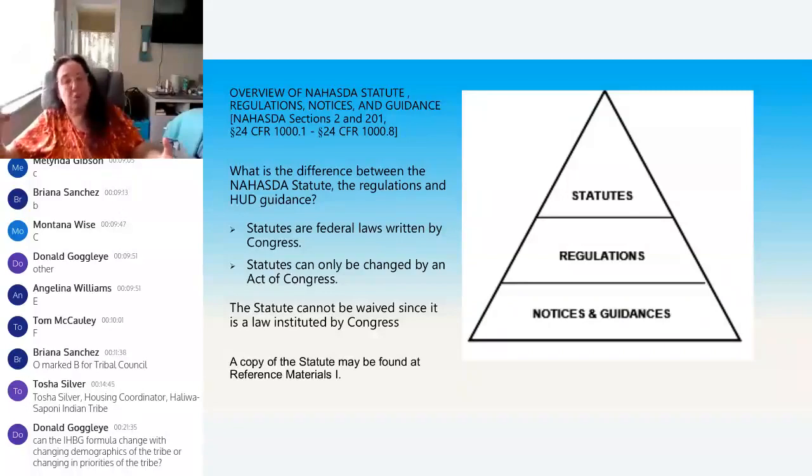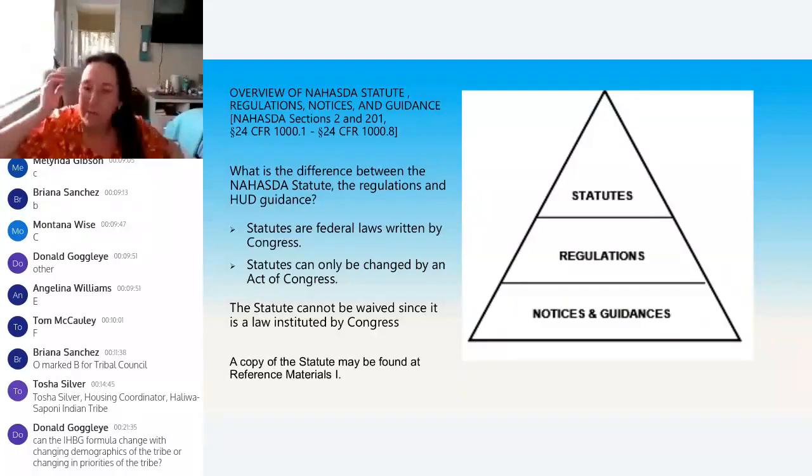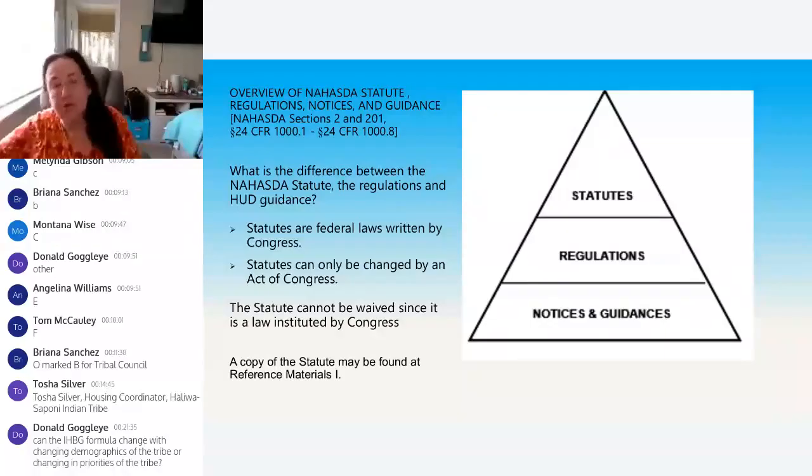They can only be changed by an act of Congress. So if you want to find out if you can do something, the first place you look is the NAHASDA statute. That's the first reference material for you, okay? If it says you can't do something, it's a do not pass go, okay? That means you cannot do that. It cannot be waived since it is actually a law instituted and adopted by Congress, okay?